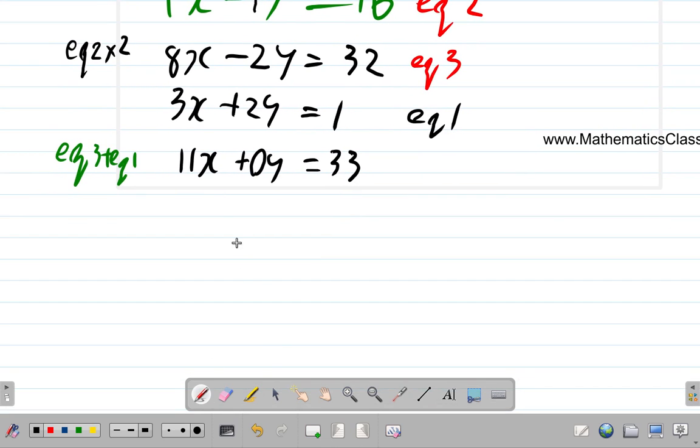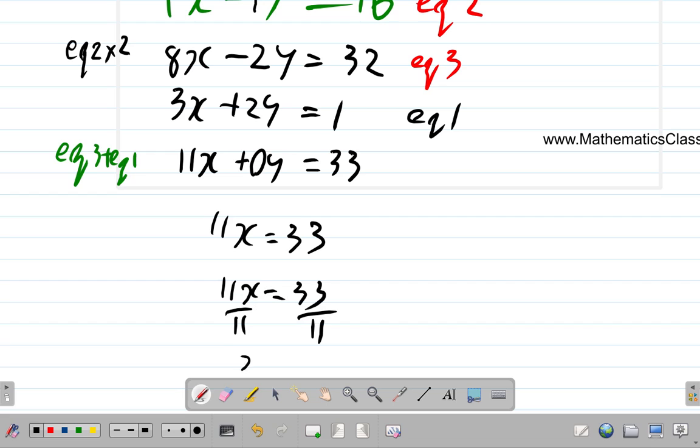So what we have is that 11x is equal to 33. If we say 11x equals 33 and divide by 11, then we have x is equal to 3. Or we could say 11 times what gives us 33? It's 3. So x is equal to 3.